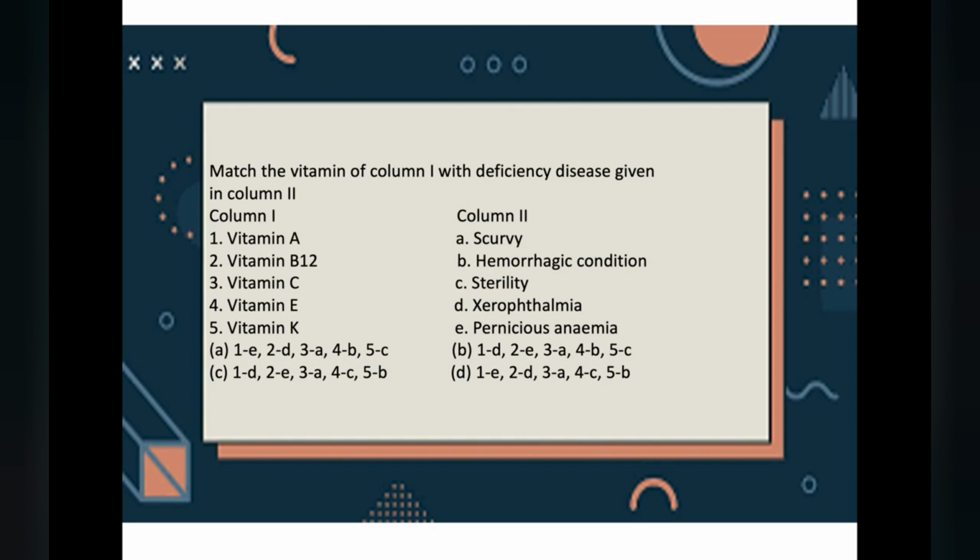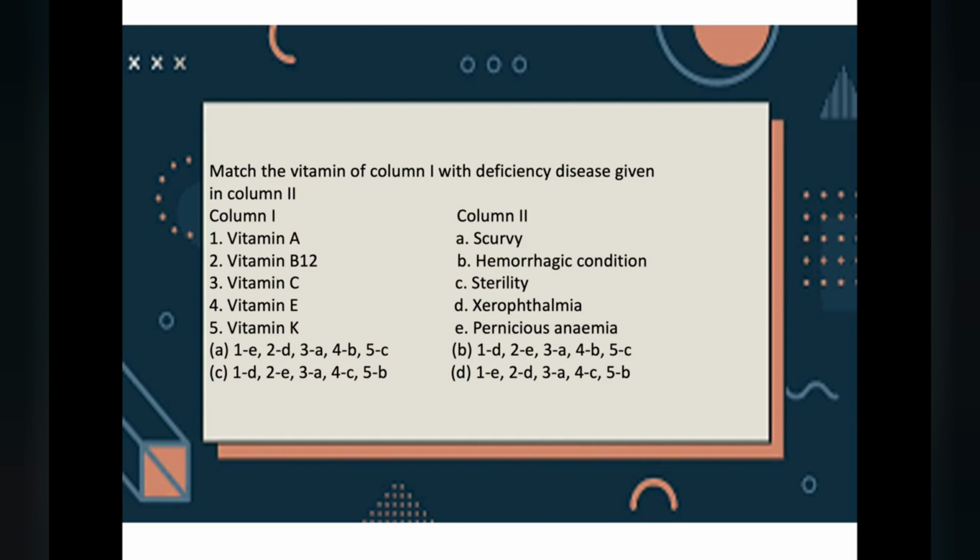What is hemorrhage? That is blood loss in the body, a condition very critical to the health of a human being. Then sterility, and xerophthalmia, which is an eye disease.